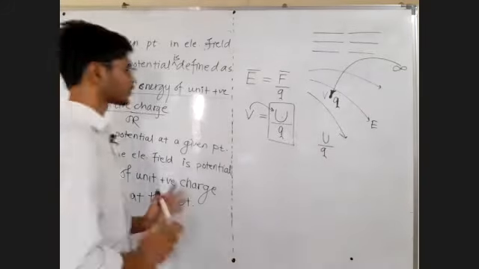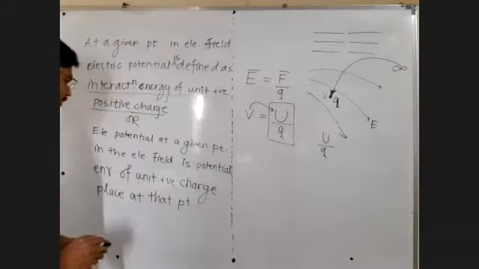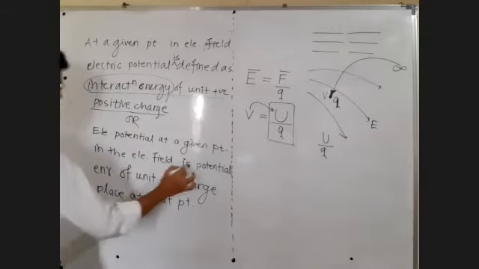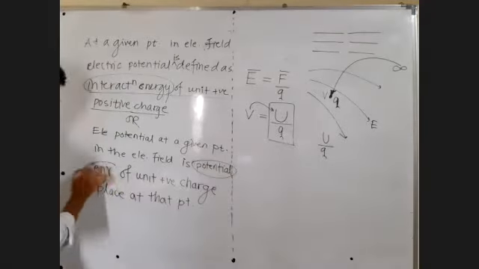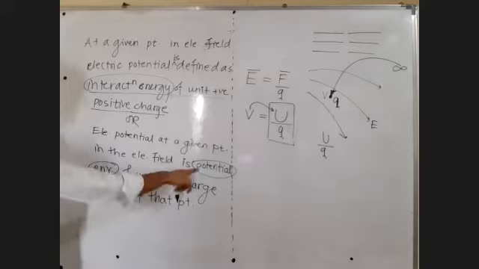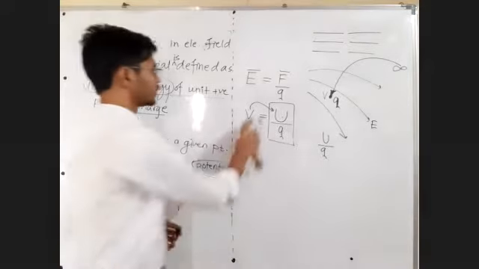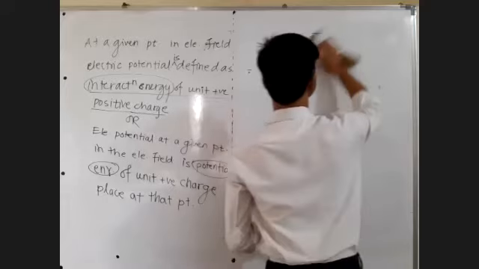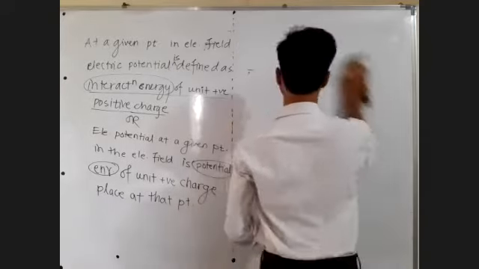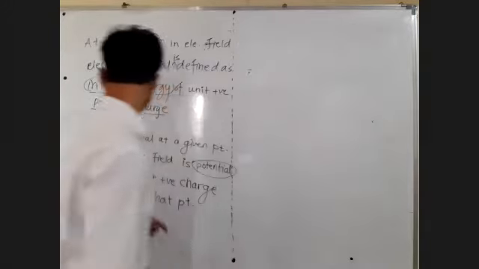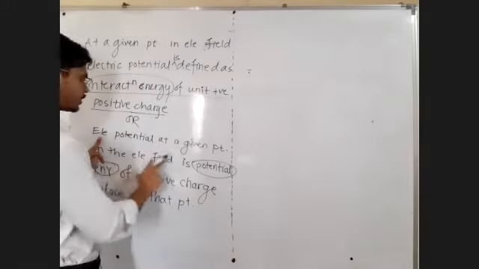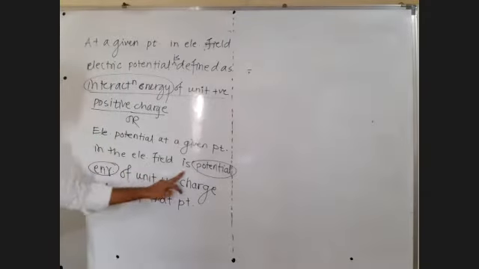Okay, fine. Now one more definition. We replace this interaction energy word by potential energy. Now we can replace the potential energy word like this. One more definition. See how simple it is. Let me write. Electric potential at a given point in the electric field is.